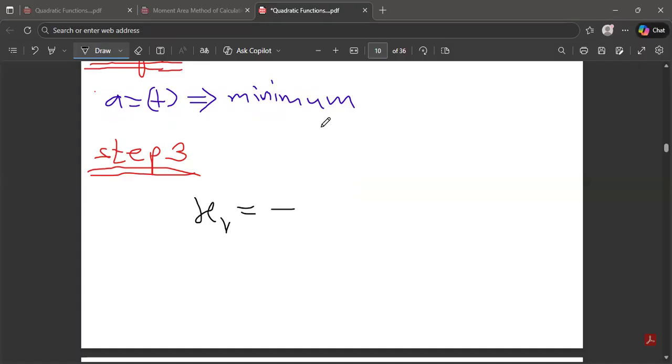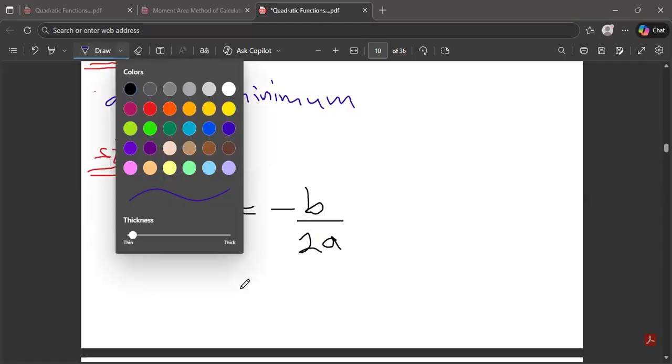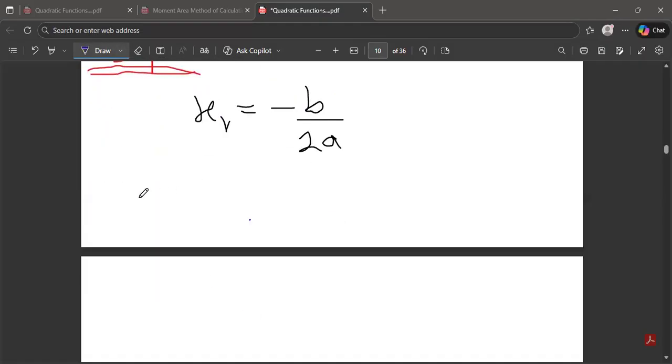Exactly. Now you have it in the form in your book again. So you are going to get negative b over 2a. At the end of the day, after substitution, what are you going to get? Our x at v can be said to be negative what?